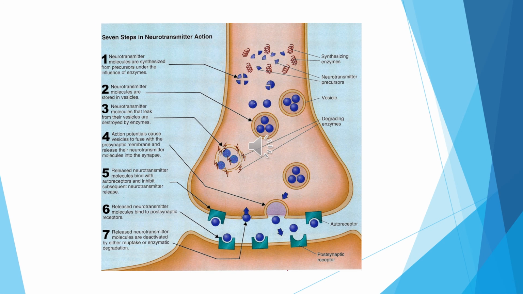Now, once the electrical impulse comes down, you'll see here that the neurotransmitters can kind of leak out of their vesicle and they're put back in. But number 4 is that the electrical impulse comes down and it hits the vesicle sac, releasing it.